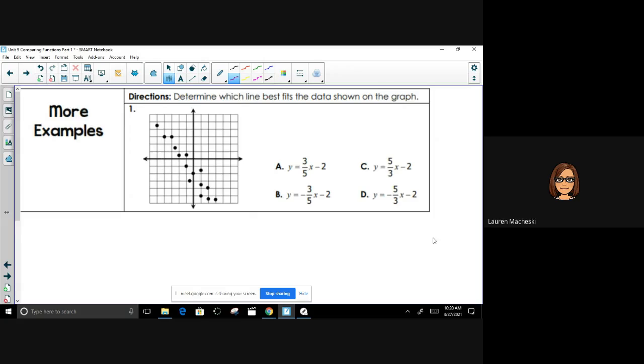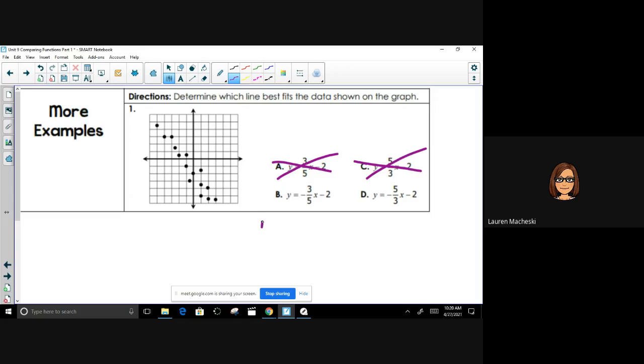So what kind of correlation does it have? A negative correlation. So what kind of slope is it going to have? A negative. So look at your options here. Which one of those options have a negative slope? All right, so I can cross off A and C. Those are automatically out of there. Now I have to check B and D.